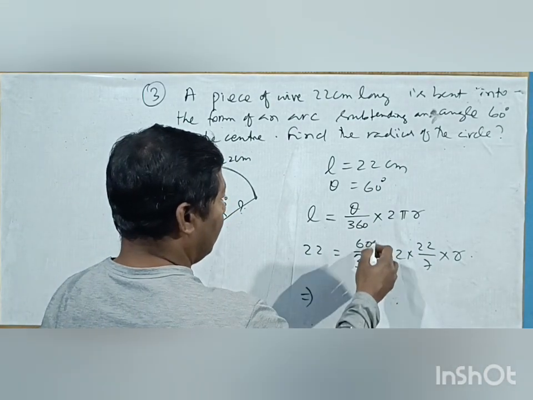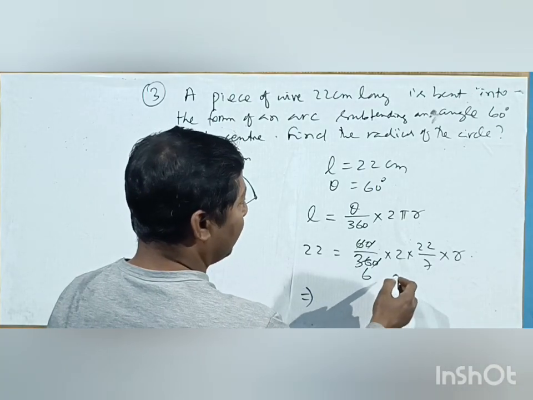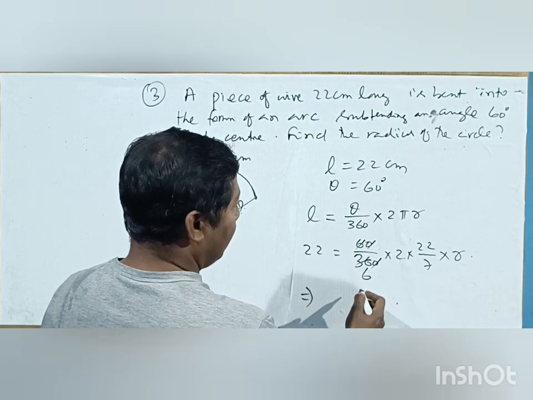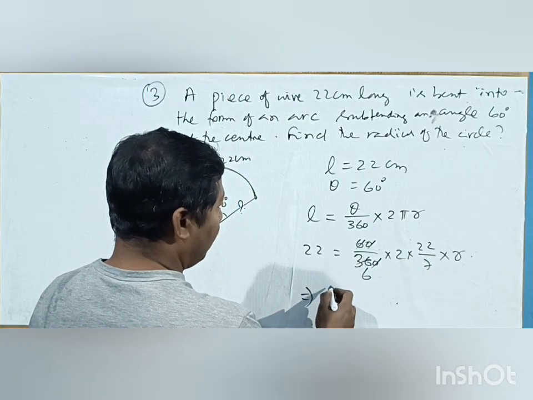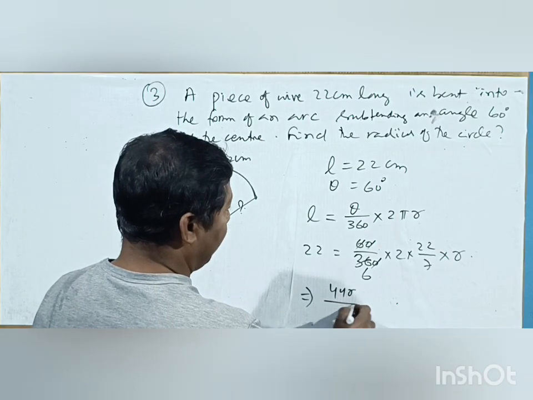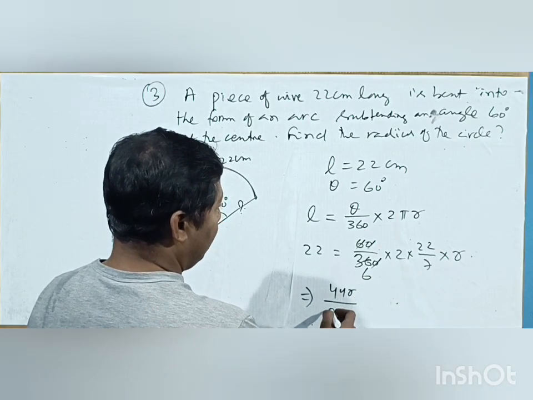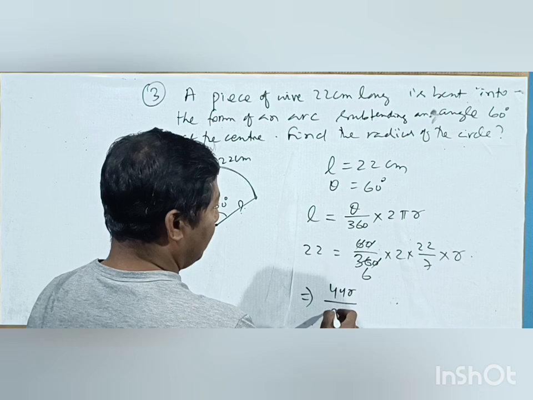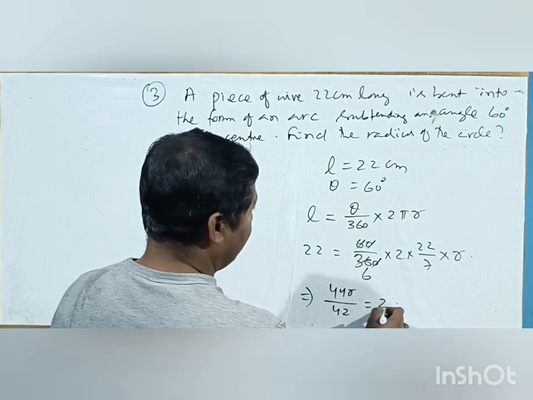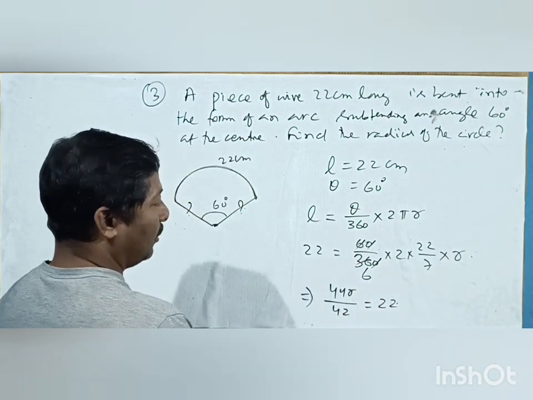So 22 into 2 is 44, 44 r by 6 into 7, that is 42, equals 22.